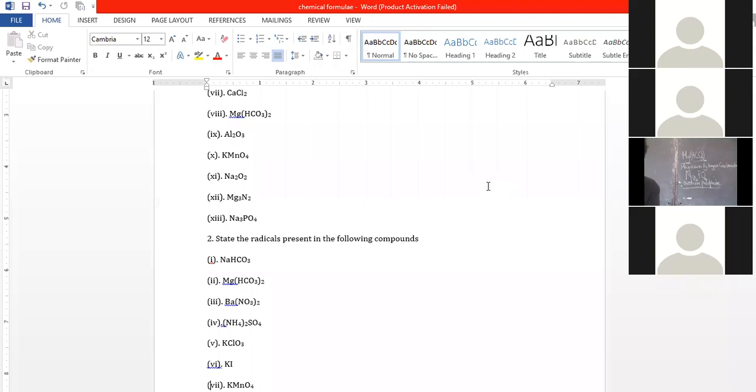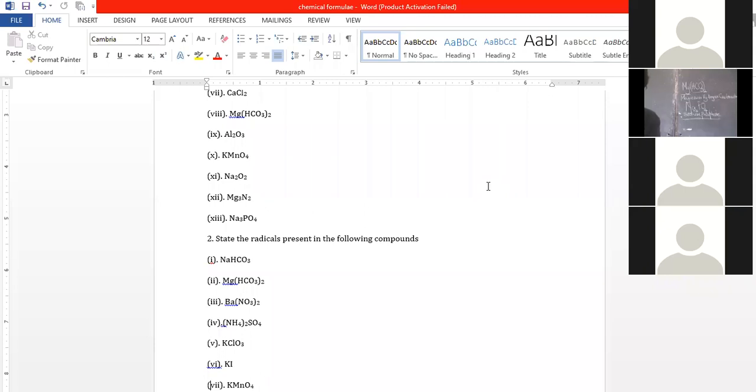Now, all the examples that you have there, we are writing the finished chemical formula of the compound. And I said that when you're writing the chemical formula, we use the symbols and valencies. So, already the valencies have been exchanged from those examples above. Okay, thank you. I'm now looking at question 2.